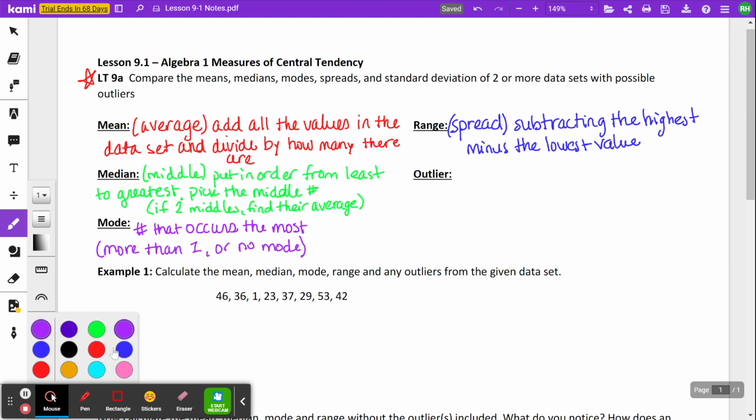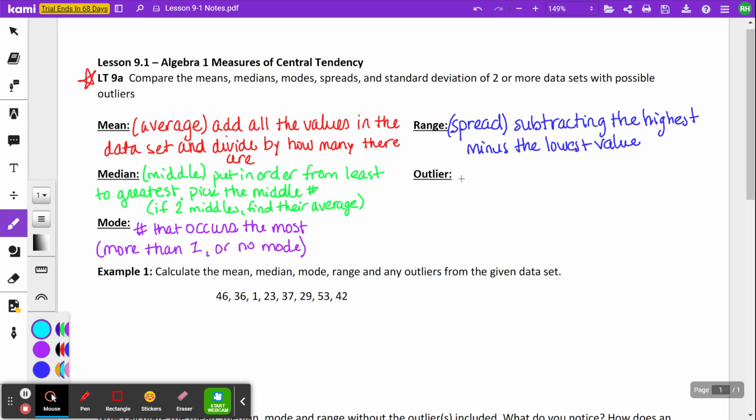And our last vocab word up here is outlier. Okay, an outlier is exactly like what it sounds. Kind of like something is an outcast or not included in the group.